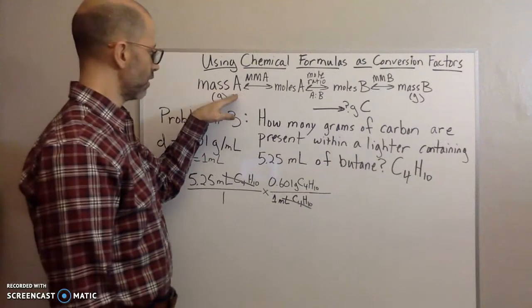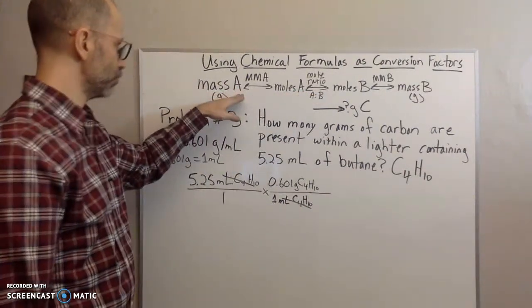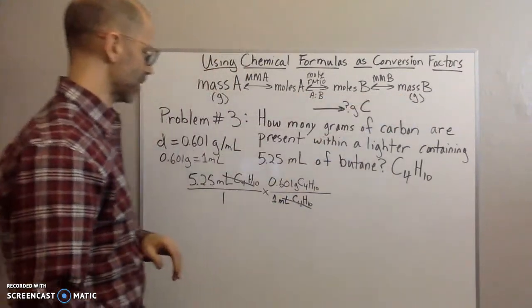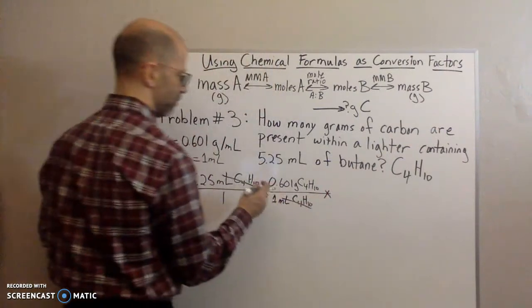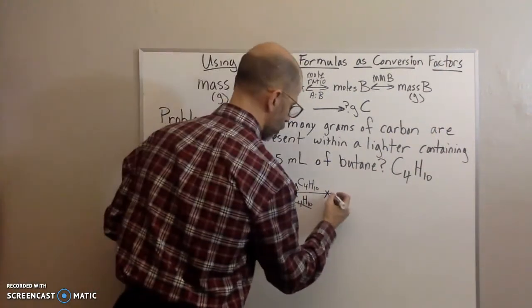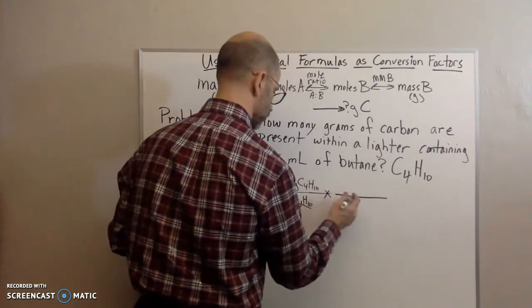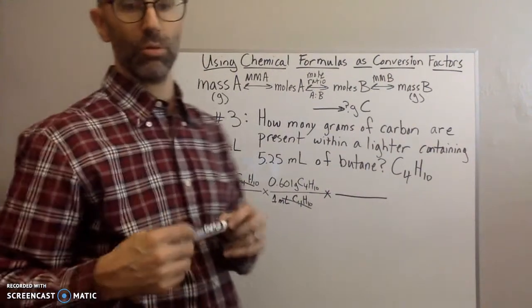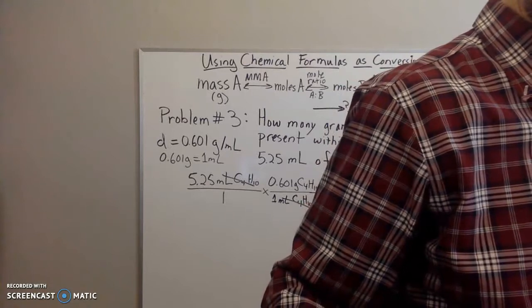So now we're going to follow the roadmap. We want to get from grams of butane to grams of carbon. The first step is to go from grams to moles using our molar mass. So we calculate the molar mass of butane. Let's calculate that out.